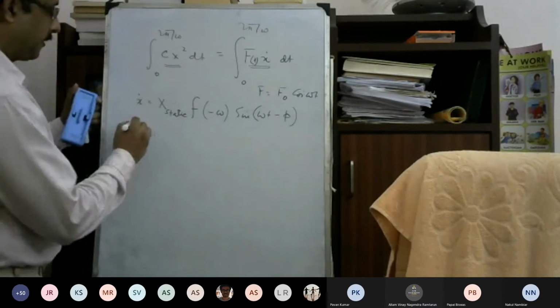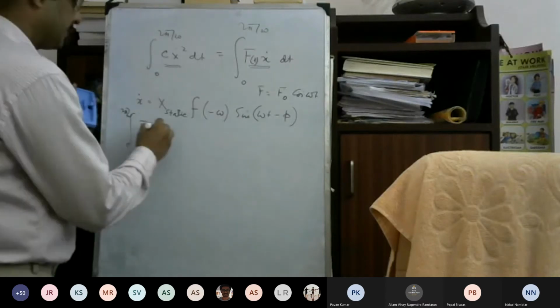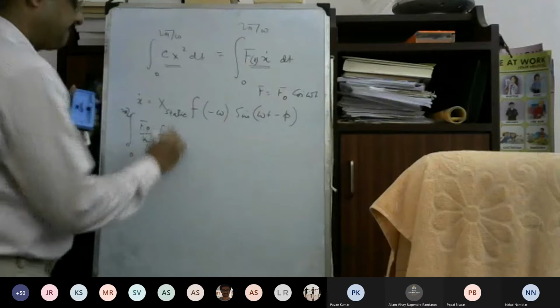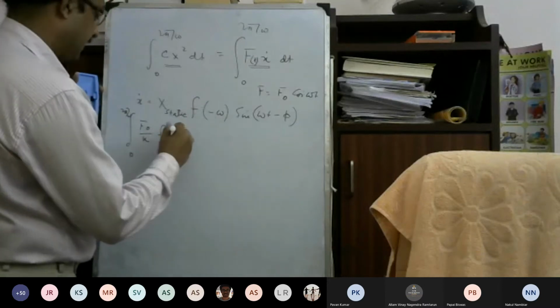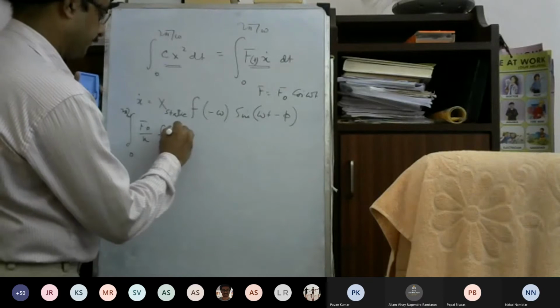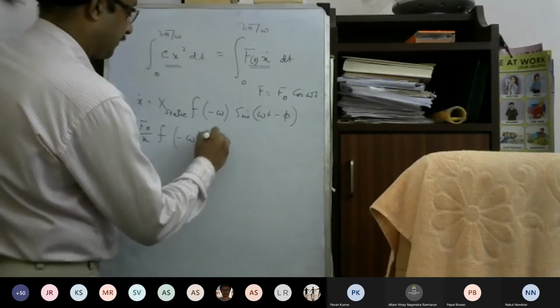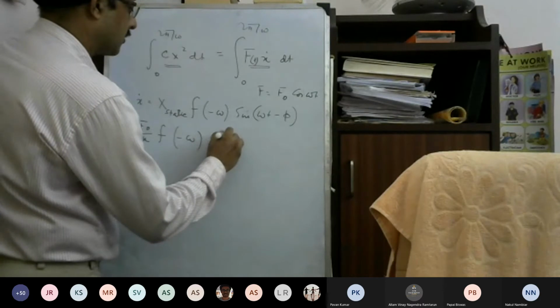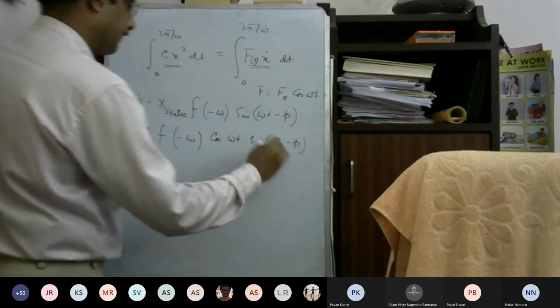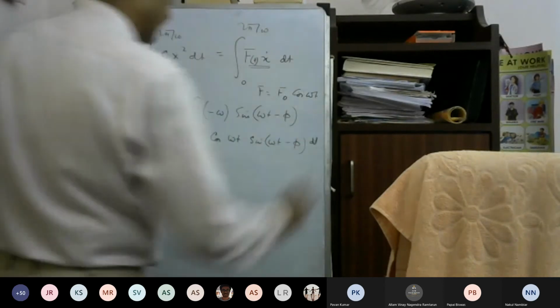So therefore, this integral from 0 to 2 pi by omega will be equal to x static, but it's f naught by k times f, times minus omega, cosine omega t sine omega t minus phi dt. Now you see one thing here, this becomes the integral from 0 to 2 pi by omega.